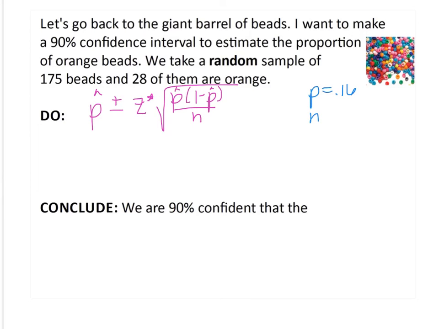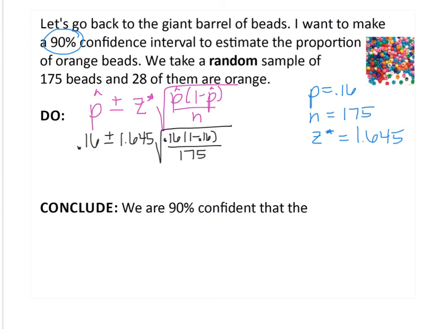We know that n is 175, and Z star for 90% confidence, because the problem told me 90, is 1.645. So when I plug these numbers in, I get 0.16 plus or minus 1.645 times the square root of 0.16 times 1 minus 0.16 over 175.